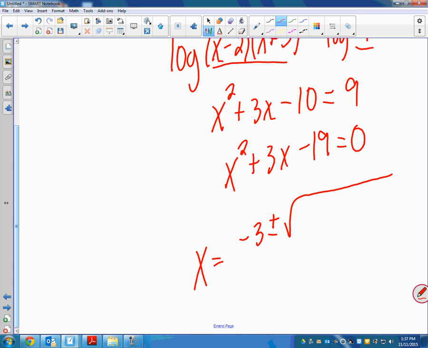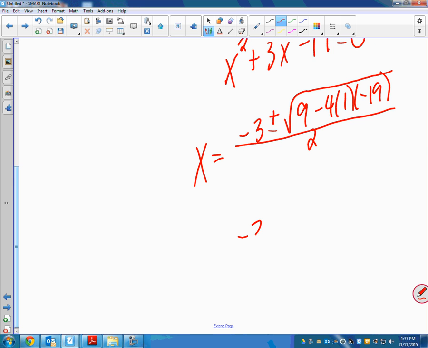Close. 76 plus 9? Is that true? I'm guessing the negative doesn't work.